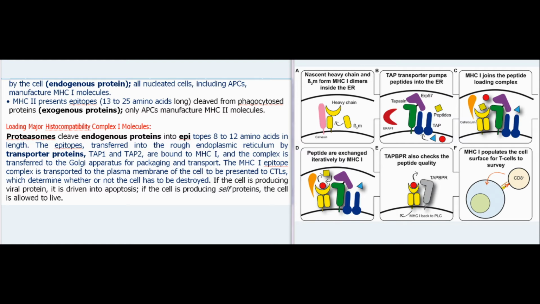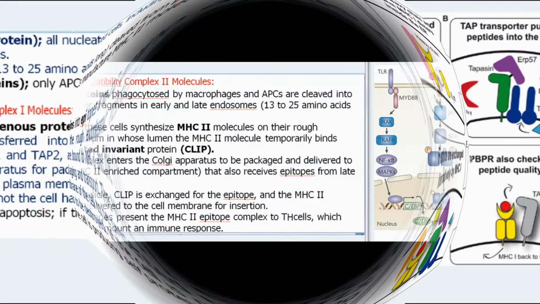The MHC I epitope complex is transported to the plasma membrane of the cell to be presented to CTLs, which determine whether or not the cell has to be destroyed. If the cell is producing viral protein, it is driven into apoptosis. If the cell is producing self-proteins, the cell is allowed to live.